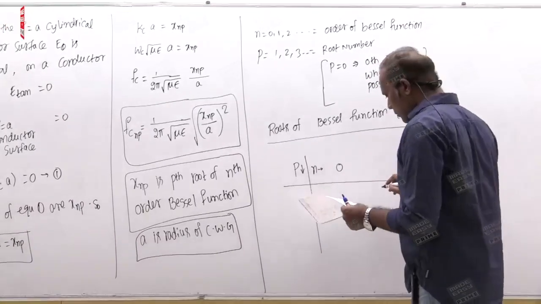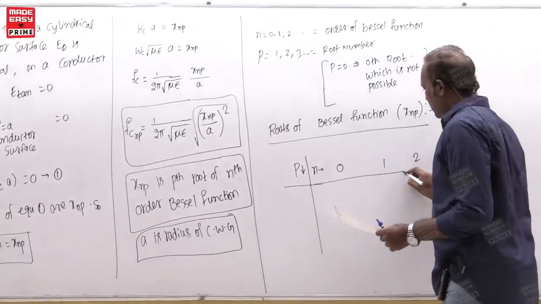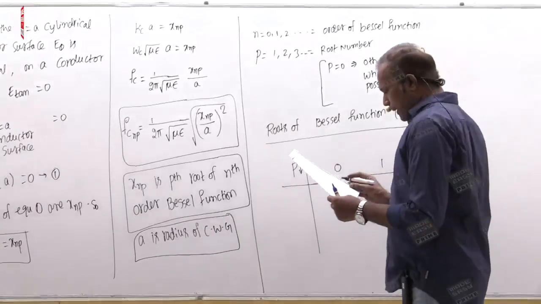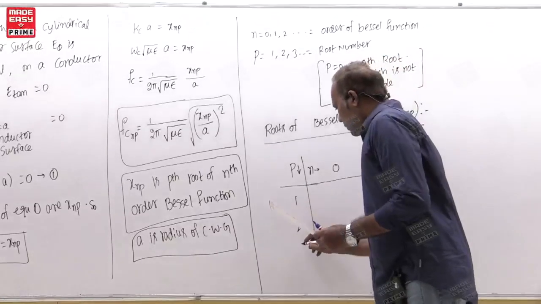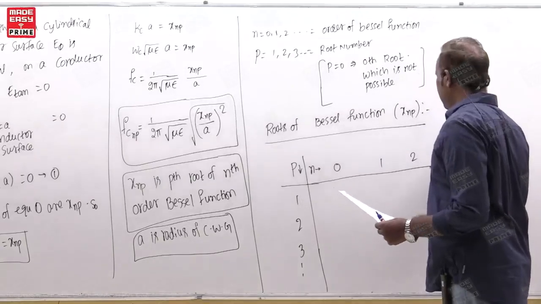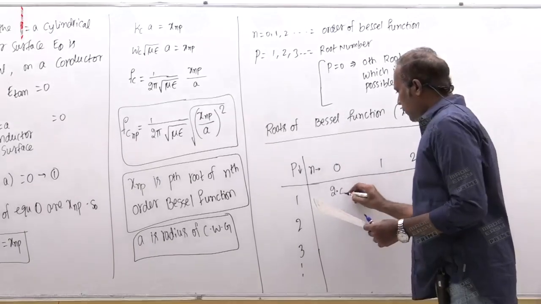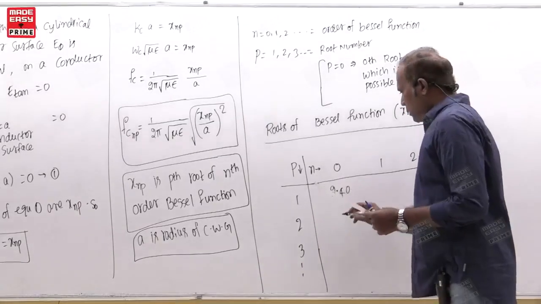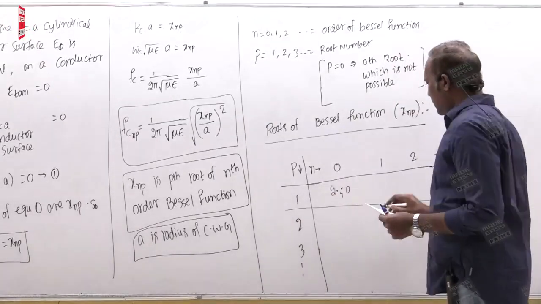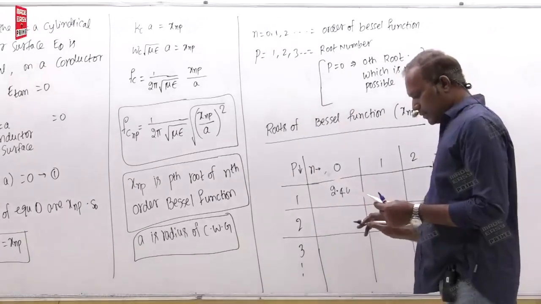Here n is 0, then 1, here 2. This is 1, this is 2, this is 3. In this, the first one is 2.4, 0, because it is written like that up to 2 values.